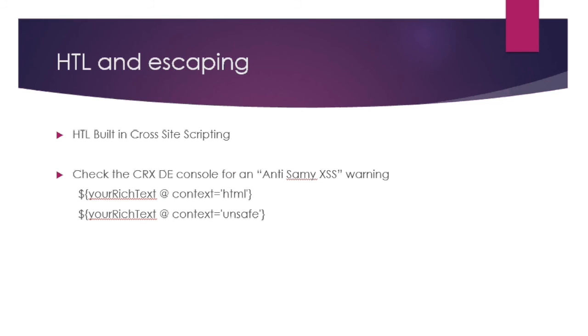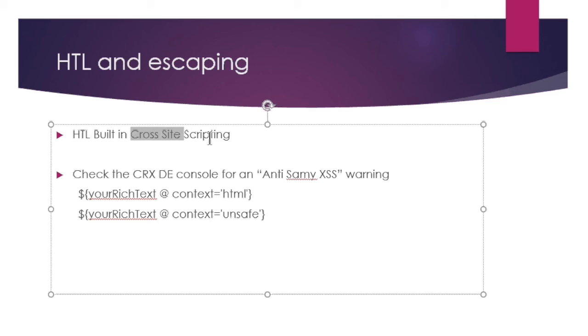One last thing that I'm going to cover today is HTL Sightly and escaping. So for some fields that have rich text editors, Sightly will detect the value that the author entered into that rich text editor, and then it will say this looks like a possible cross-site scripting vulnerability.